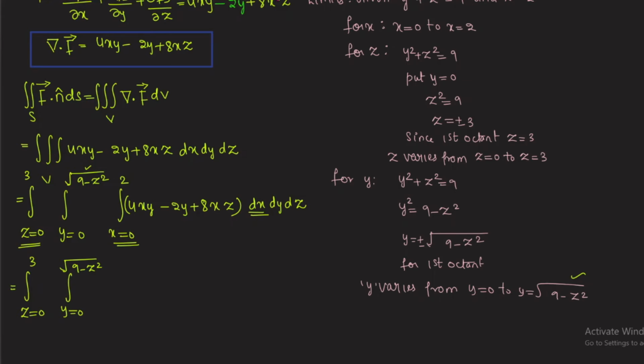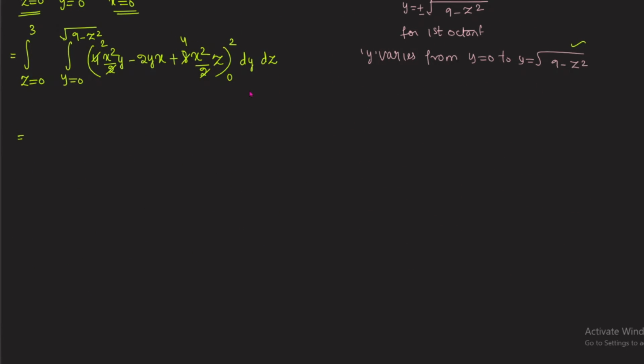Now integrating with respect to dx, we have 4, integration of x is x square by 2, y minus this 2y is a constant, so we'll get 2y x, plus 8, integration of x is x square by 2, z with limits 0 to 2 dy dz. Now the 2 and 4 get cancelled.